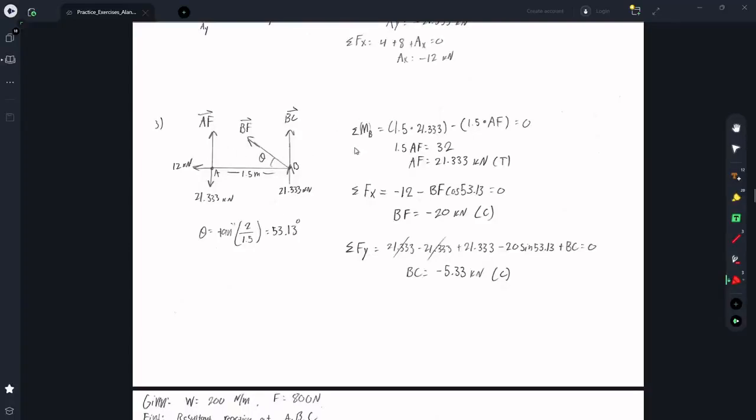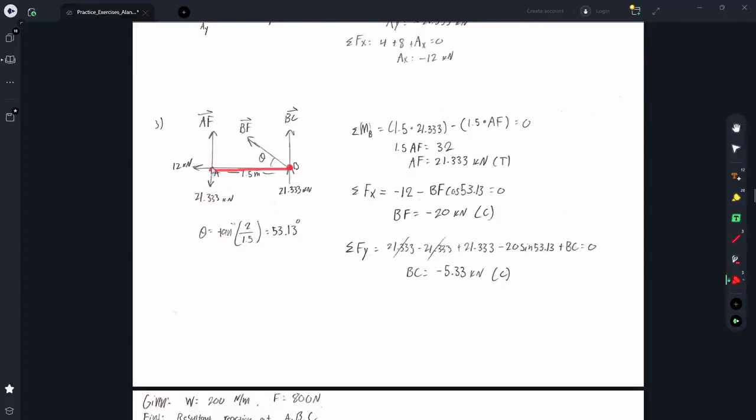So the first thing we want to do is a moment in our equations of equilibrium. I did the moment about B, and the moments are this length, 1.5 meters, times there's one force down going this way, which will create a counterclockwise positive moment.